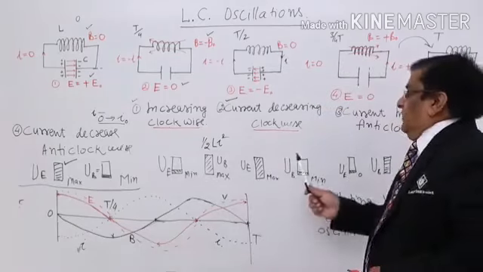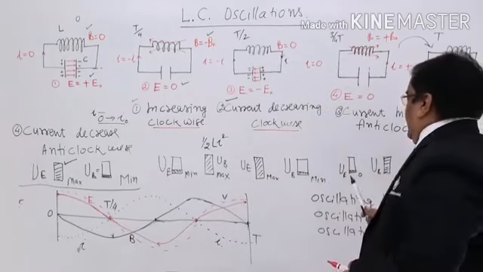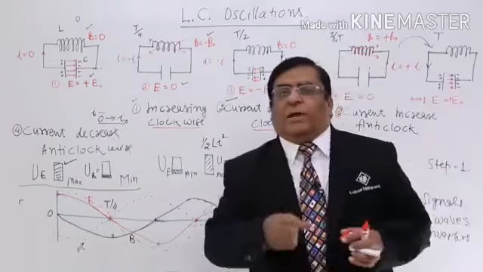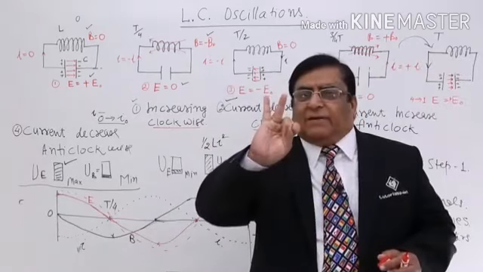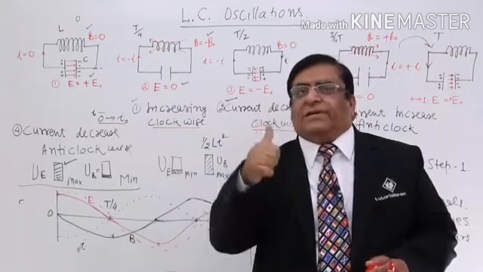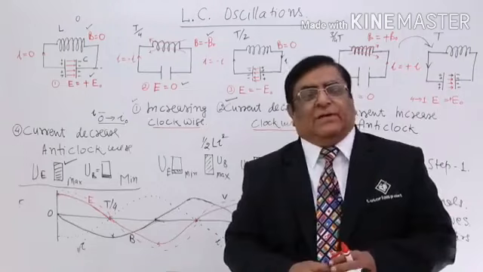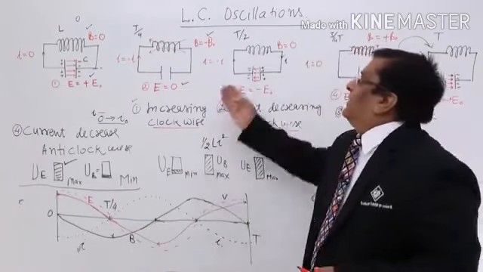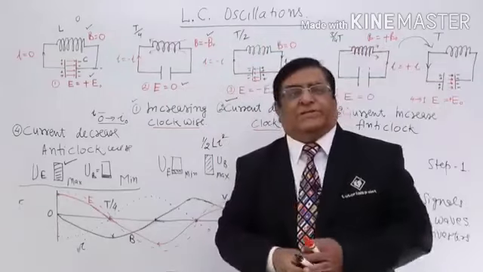Here it is full, it is 0, and here again electrical is 0, magnetic is full. So electric field is oscillating, magnetic field is oscillating, electric current is oscillating, voltage is oscillating, and energy is oscillating. All the quantities are oscillating in this time period. That is why this is known as oscillation.